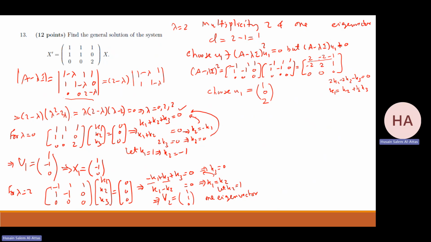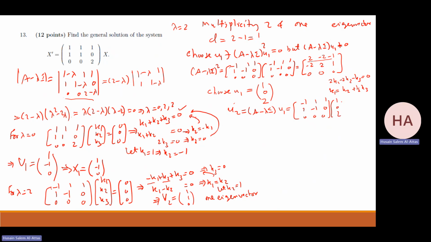And for sure, A minus lambda I times u1 should not be equal to 0. When I assign u2, I will get it actually. This is u2, A minus lambda I times u1. That will be -1, 1, 1, 1, -1, 0, 0, 0, 0.